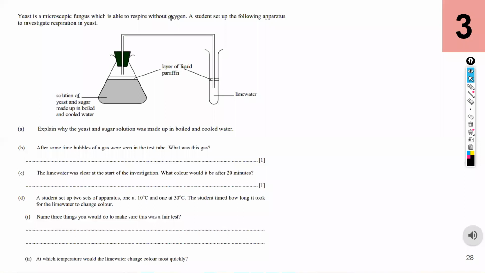Now, like I said, this is going to be a question about anaerobic respiration. So before I show the answers, let's start off with glucose. So in anaerobic respiration, and we know it's anaerobic because they even said without oxygen, what are the byproducts of anaerobic respiration when yeast is involved?